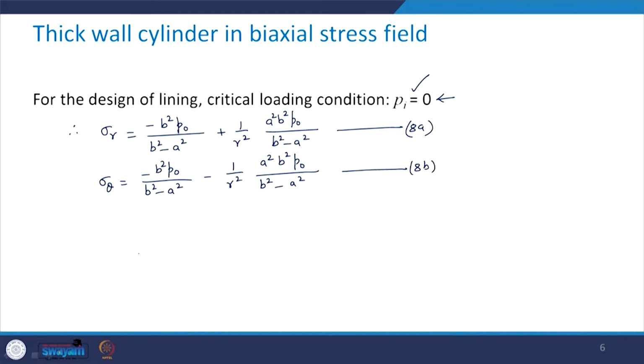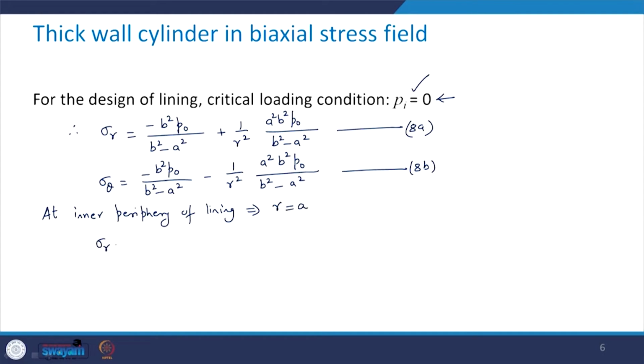Now, what will happen at the inner periphery of the lining, and what will this represent? That is when r is equal to a.